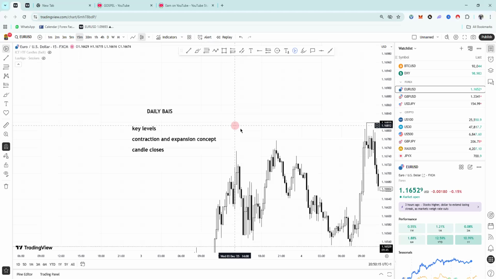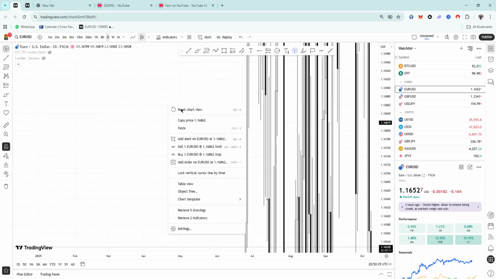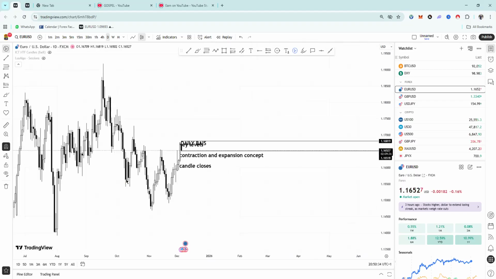Let's start with the first method, to understand where price will go maybe tomorrow. Let's say you get up tomorrow, you want to trade, and you want to know which direction the market is going to take this particular day.